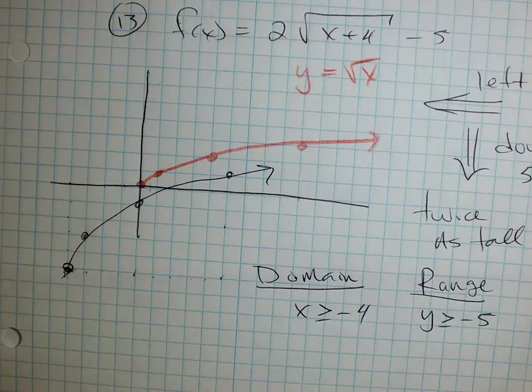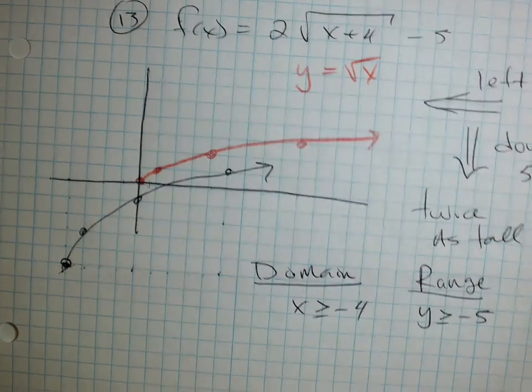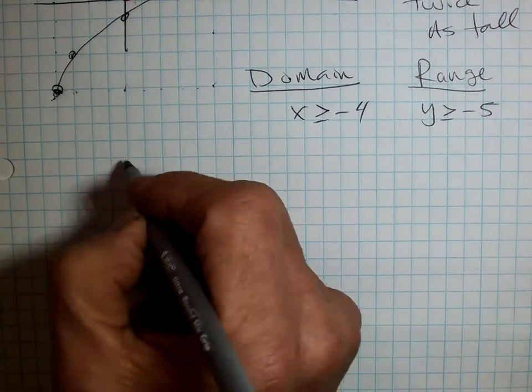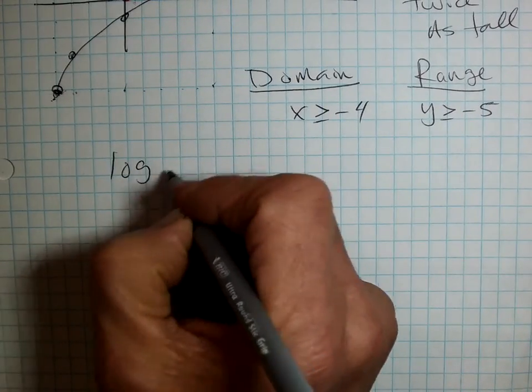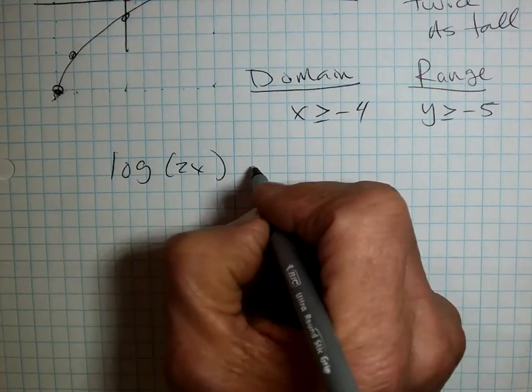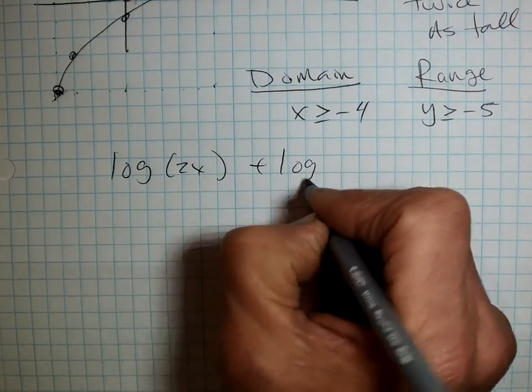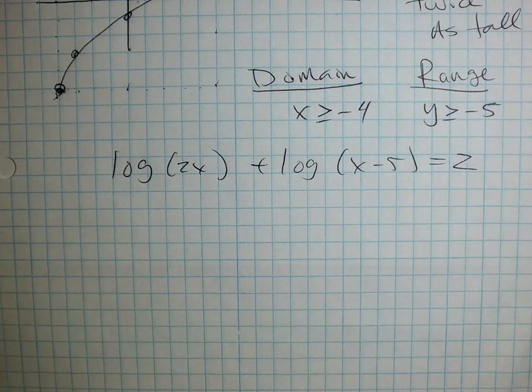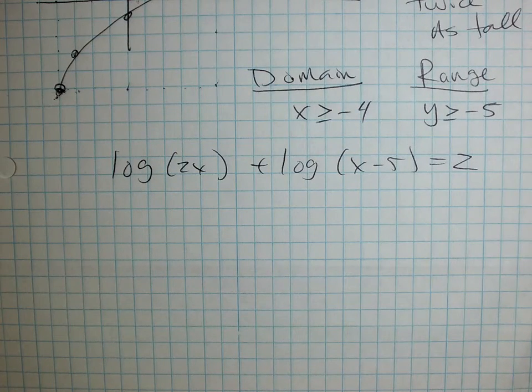Last but not least. All right. Solve for x. I got log of 2x plus log of x minus 5 equals 2, right? This might be the extra credit, or one like this. Do you want to see it?